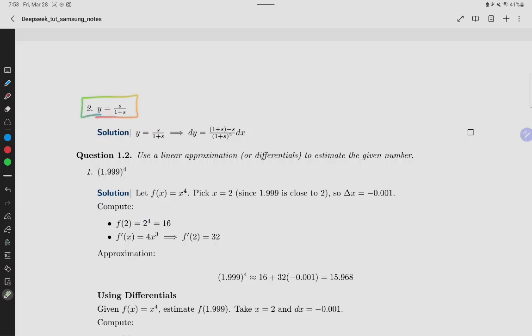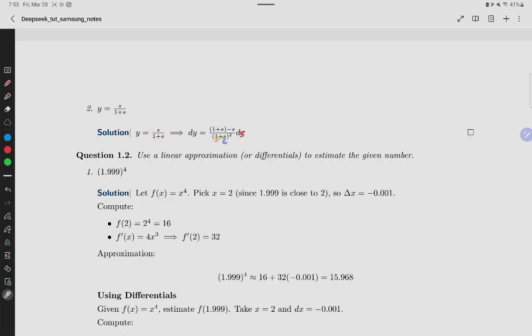So another question, same, you just need to know how to find the derivative. If y is equal to s divided by 1 plus s, then the derivative of this with respect to s. So this is a typo here, x will not be here, we should have s here. dy is equal to, we apply the quotient rule here.